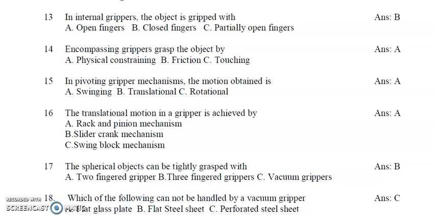It is not closed fingers, it is open fingers. In external grippers, the object is gripped with closed fingers. So in this case, the answer A is correct. In internal grippers, the object is gripped with open fingers.